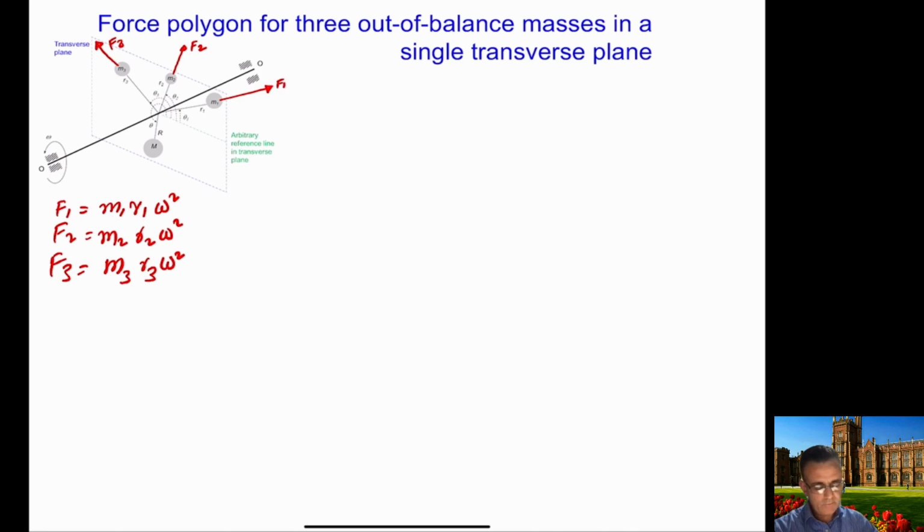Now in this case, because omega square is with each force here, we can just ignore omega square because it will just increase the size of the vectors. Otherwise, it's adding no information to the plot here. So again, it is just a vector addition where you want to calculate the resultant of these three vectors, f1, f2 and f3.